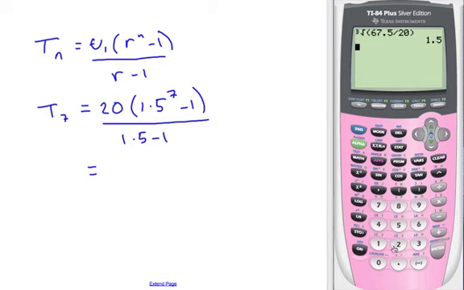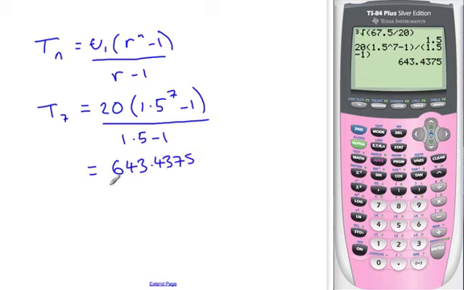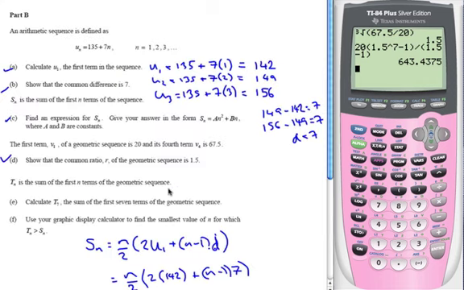So put that in here. 20 times 1.5 to the power 7, take away 1, close brackets, divided by, need to put all this in brackets, so 1.5 minus 1. Okay, let's see what that gives us. 643.4375. So using 3 significant figures, 643. Okay, so we've rounded to 3 significant figures.